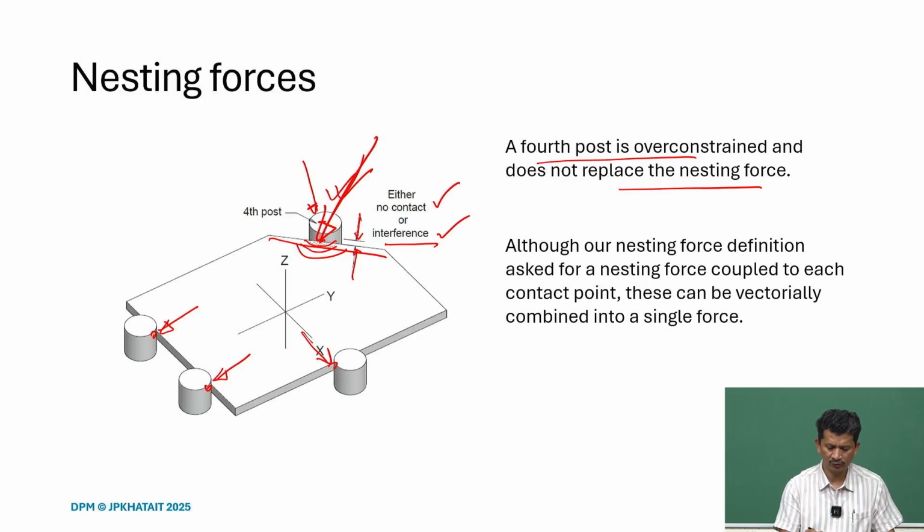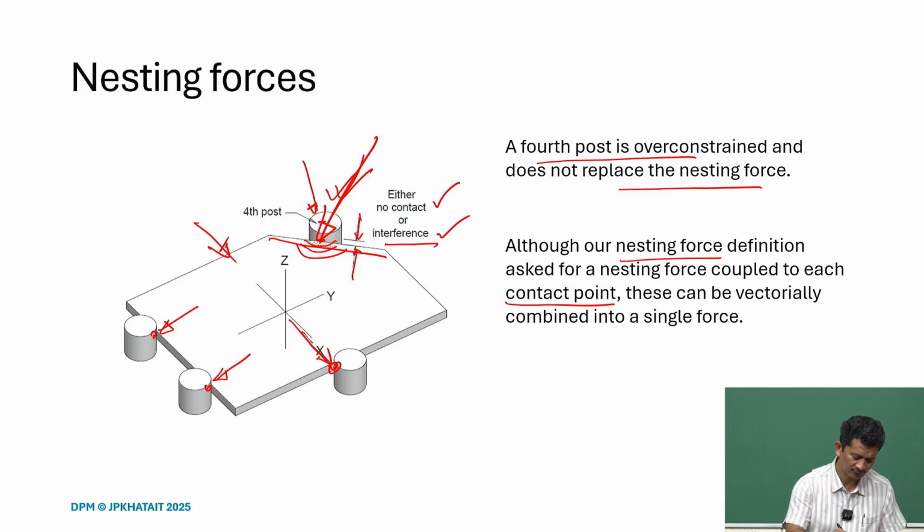Another thing to also note down is the way we define the nesting force, what we are saying is along the contact point. So, it is always coupled with the contact. So, we can always say there is a nesting force, right.